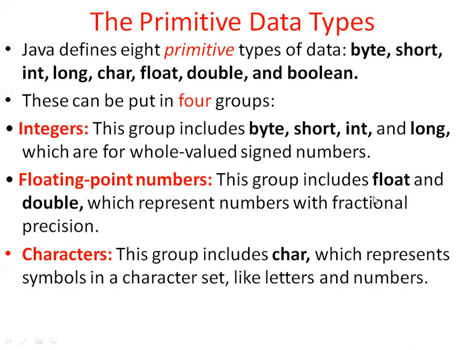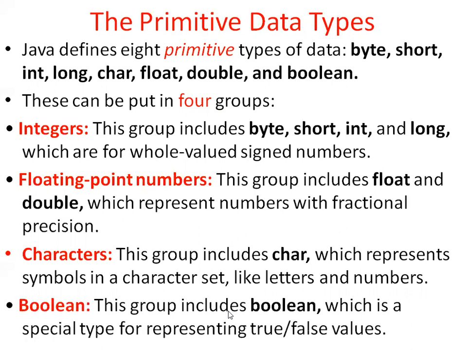All the characters can be represented using this data type. Then the last one is the boolean type. This group contains the data type boolean, which is a special type for representing true or false values. So let us look into these types one by one in detail.